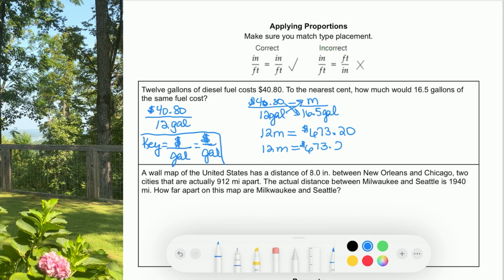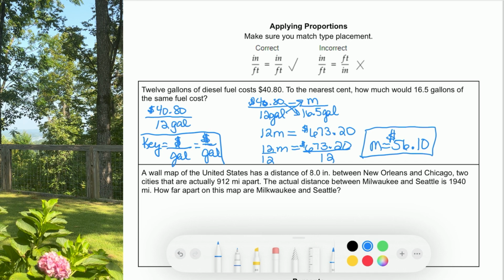Oh, it would help if I wrote the number correctly, wouldn't it? All right, we're going to divide both sides by 12. And we get M equals $56.10. So when someone buys 16.5 gallons, it's going to cost them $56.10.